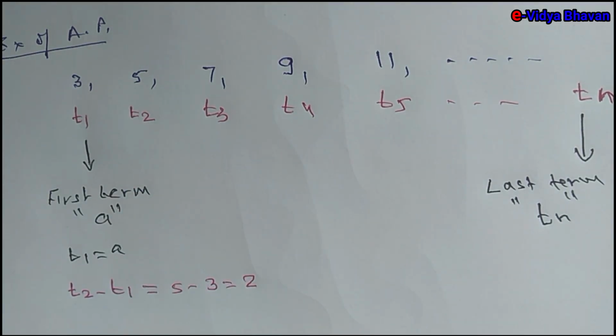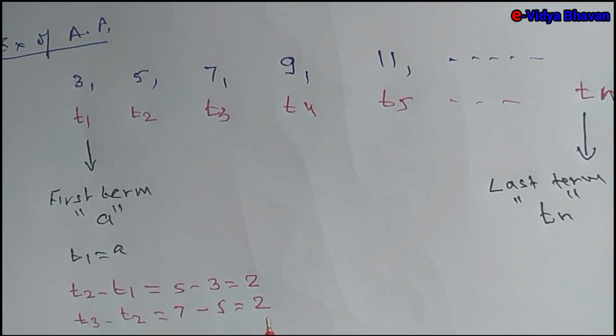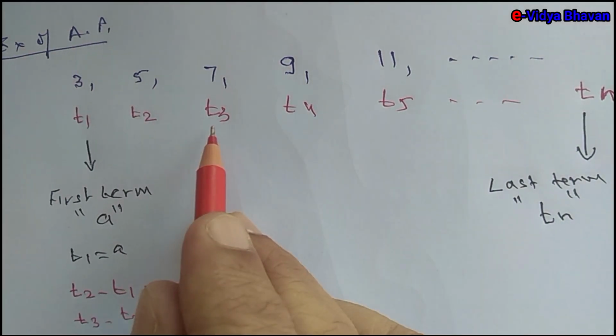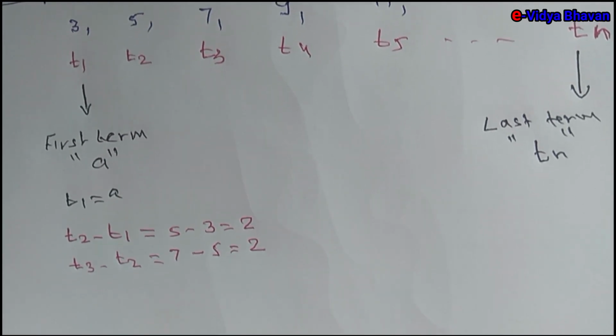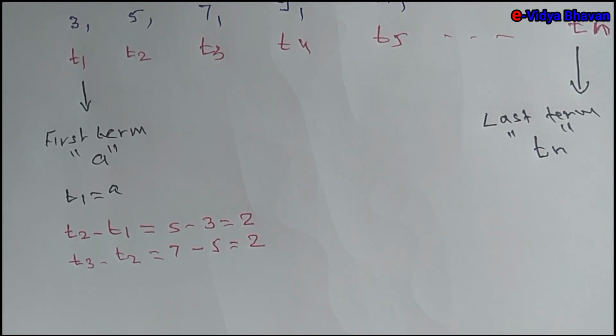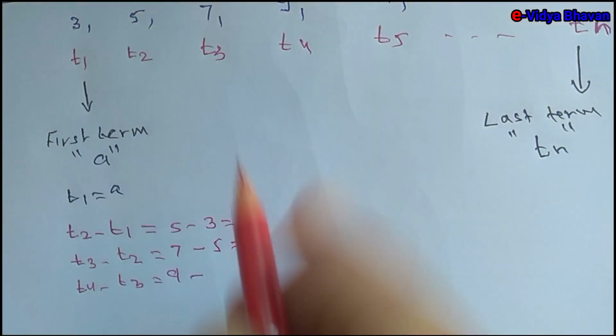T3 minus T2. What are you getting? 7 minus 5, 2. And again T4 minus T3, 9 minus 7.